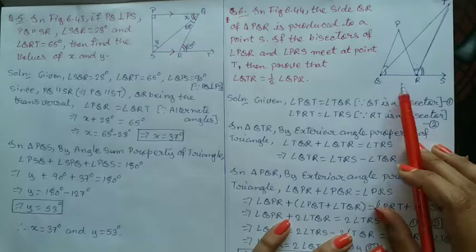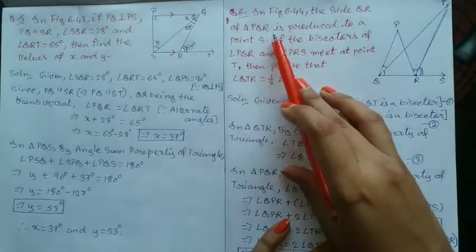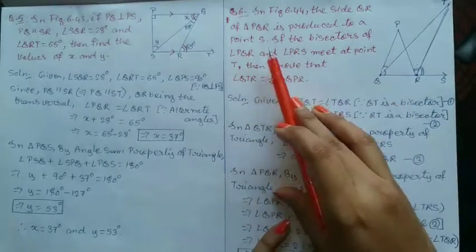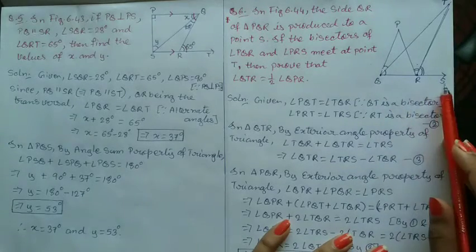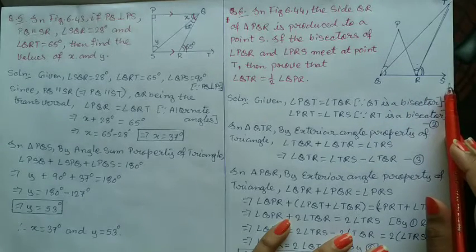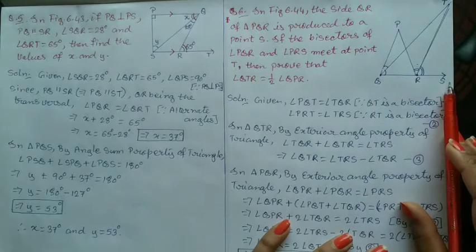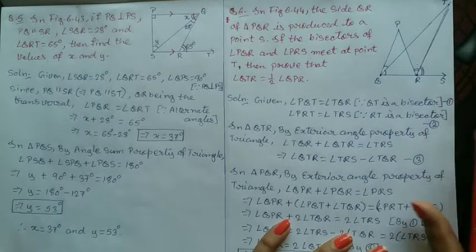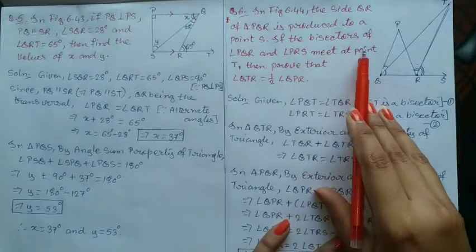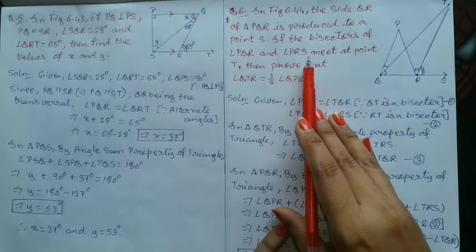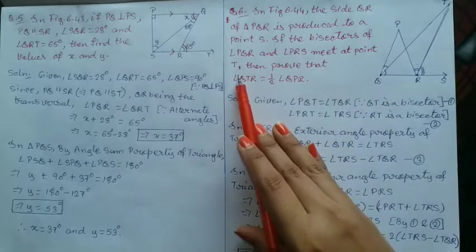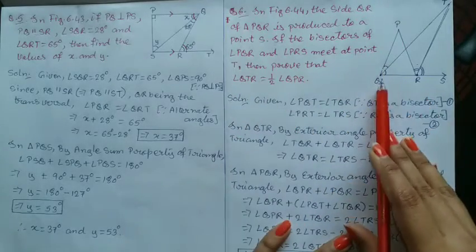And this QR is produced to a point S. So QR is produced or extended to the point S. That makes QS a straight line. Now, if the bisectors of angle PQR and PRS meet at point T. So where is angle PQR?